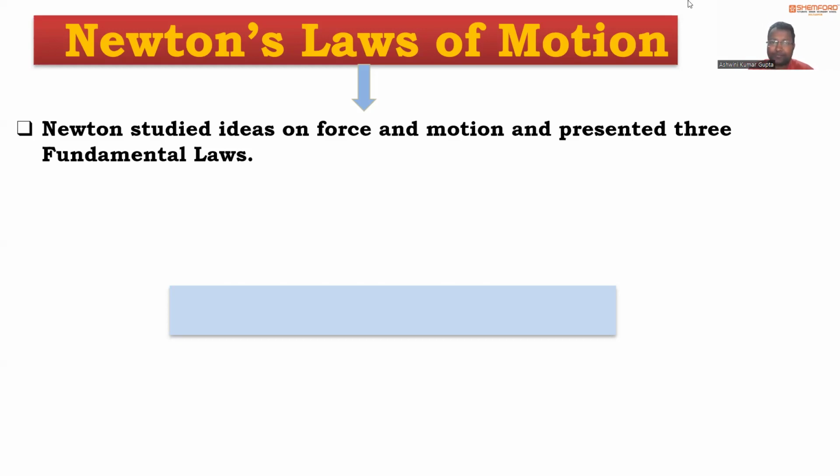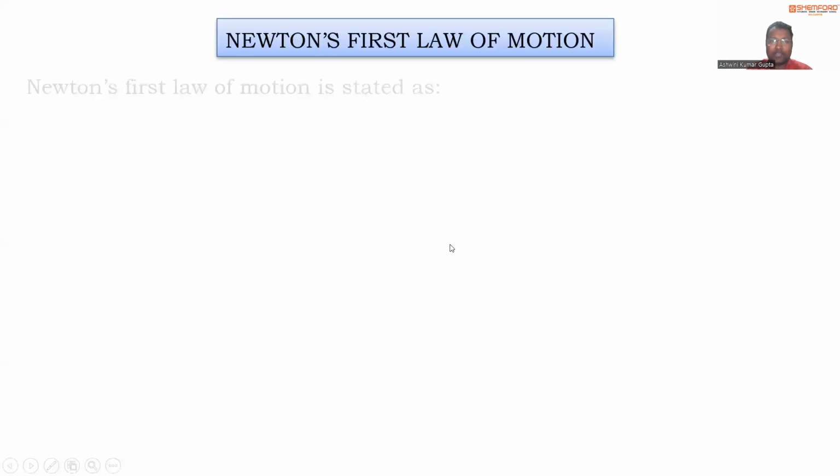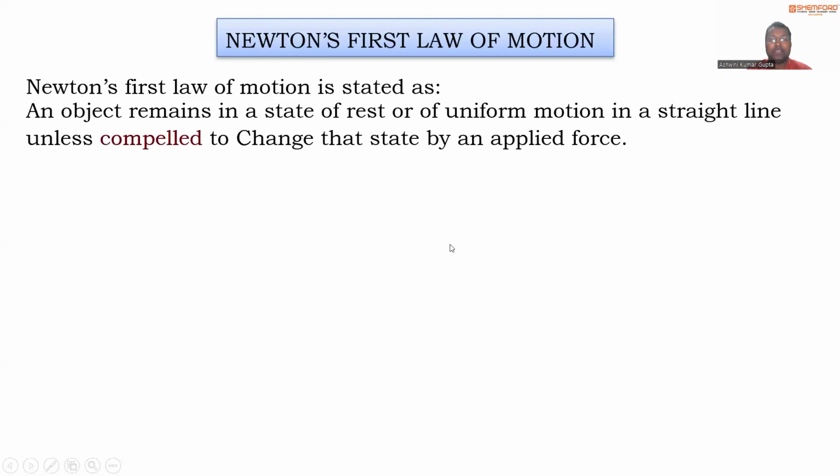Got it? So the first law says that, please see this one. An object remains in the state of rest or of a uniform motion in a straight line unless compelled to change the state by an applied force.